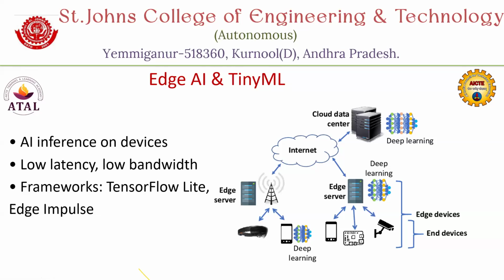Edge AI brings the machine learning or deep learning models closer to devices, reducing the latency and the dependency on cloud connectivity. And to transfer the data, it uses low bandwidth. The frameworks that we generally prefer are TensorFlow Lite and Edge Impulse.